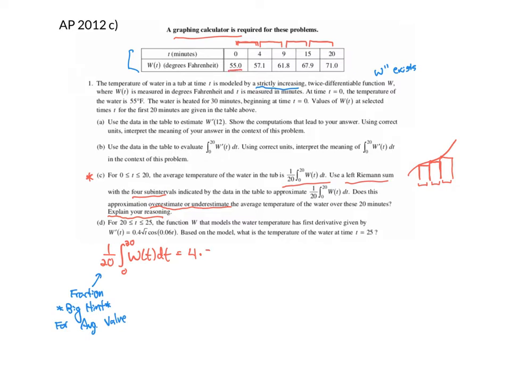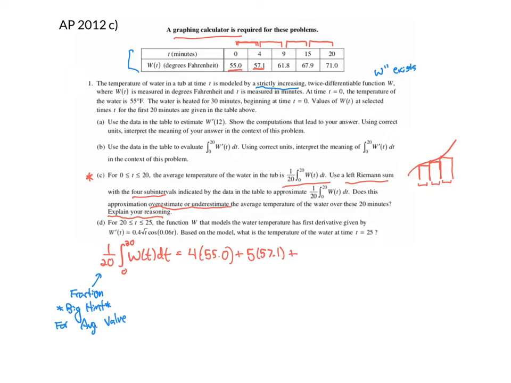So it'd be 4 times 55.0 plus. Then the next rectangle would have, I'm going to put parentheses around this 55. I think it looks better. And then our width would be 5 for the second rectangle. And the height of our second rectangle would be 57.1 plus.